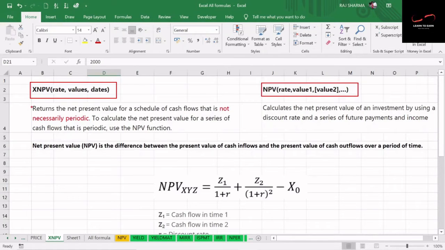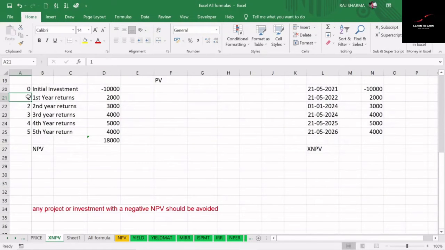XNPV returns the net present value of a schedule of cash flows that is not necessarily periodic. From our previous example, the returns are at a certain periodic interval. Every year end the returns are there. If you get a case like this, you can simply use the NPV formula.